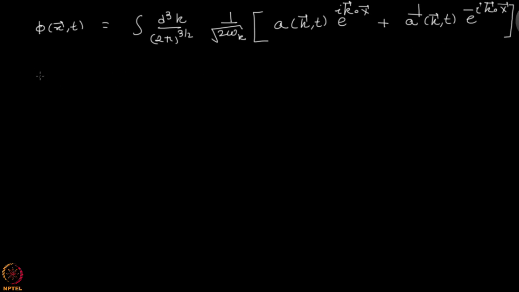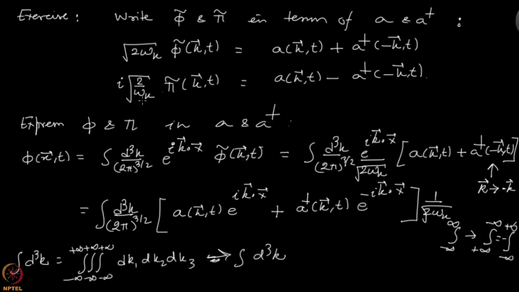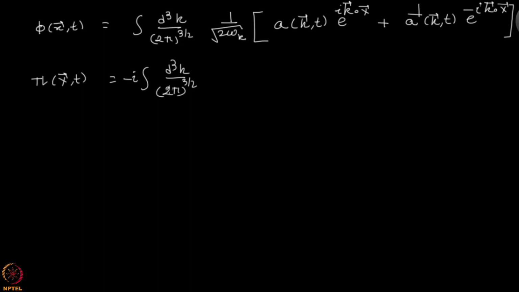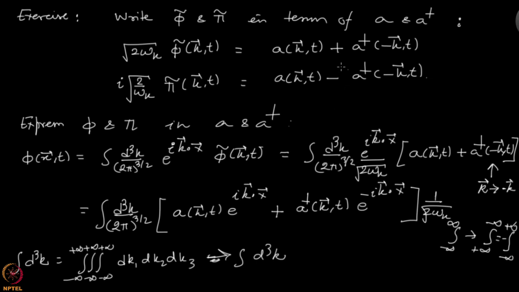Okay, and you can also calculate for pi, and you'll get the following. Have a minus i, because when this goes on that side, it becomes a minus i, and then you'll have omega k. So this thing, when it goes here, it will give you the square root of omega k over 2. Everything else will be the same except for the minus sign.